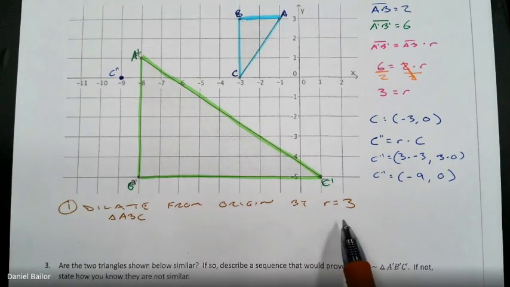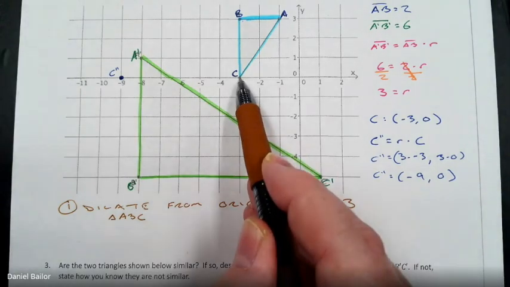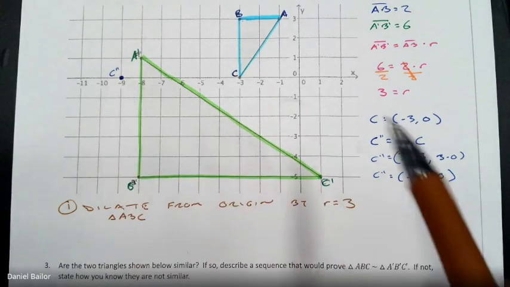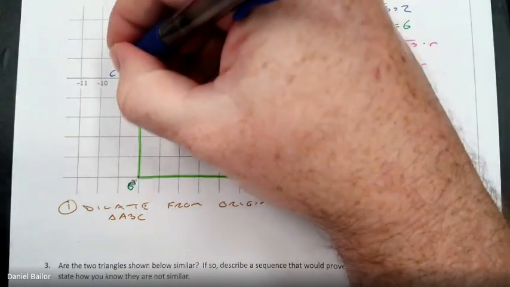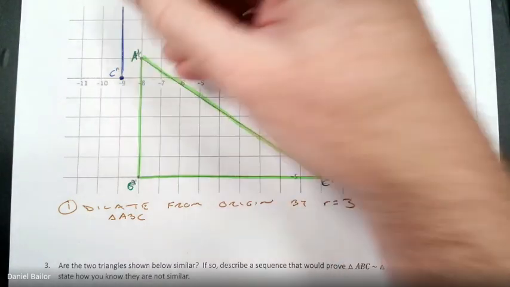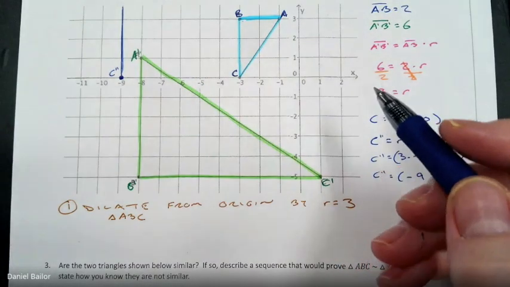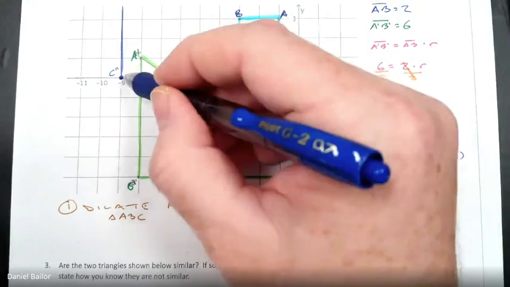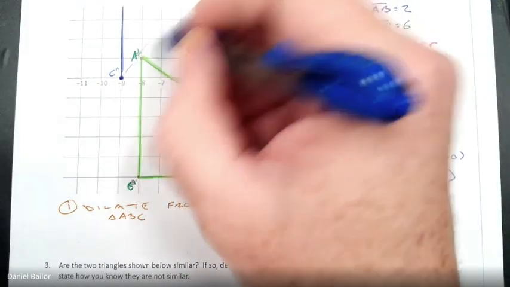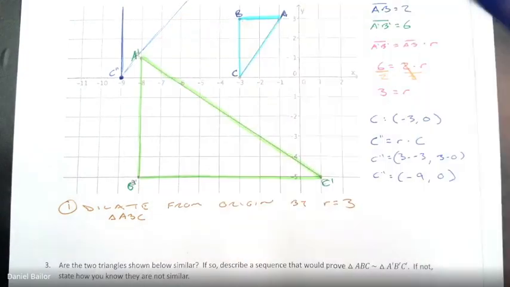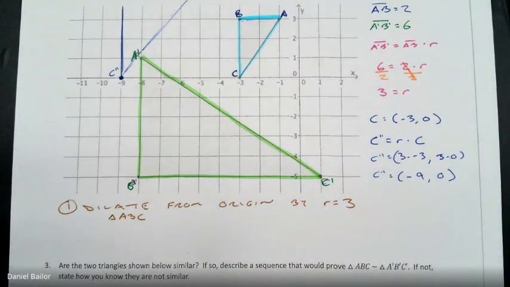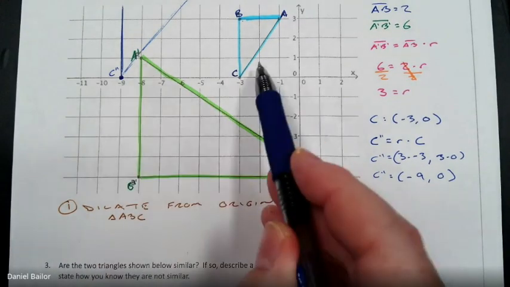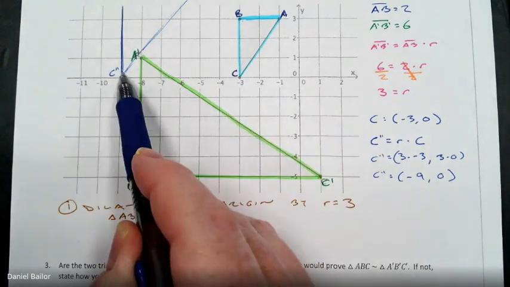After we dilate, this C moves over here, and it made a super big triangle. We just don't have the rest of the triangle on it, so it's going to go really big, like right there or something. We don't know where it's going to be because it goes off the page, but we only have to think about C. So we made this triangle bigger.